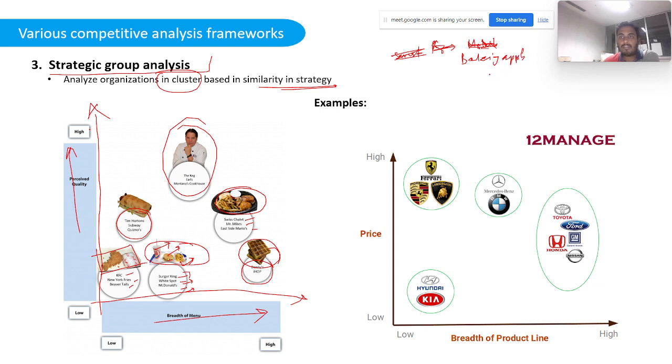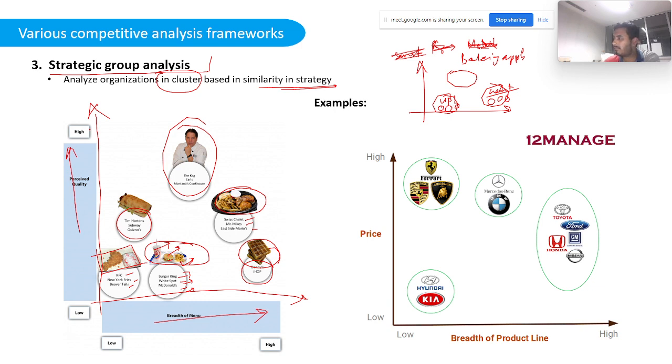Now based on the strategies, you can group different banking applications. For example, credit card bill payment can be one of the strategies which you can use to group a few banking applications. Similarly, you can also say UPI facility, which can be like Google Pay.